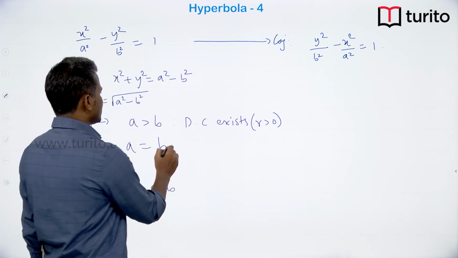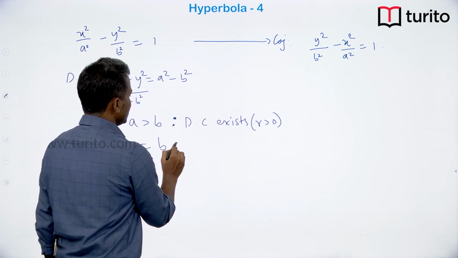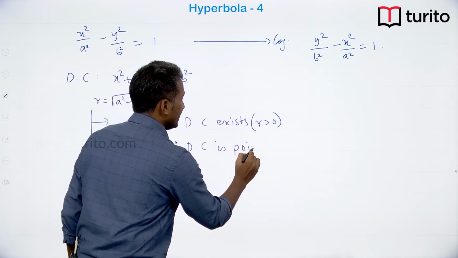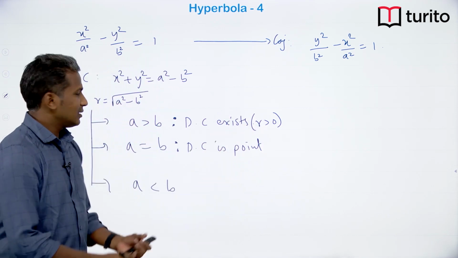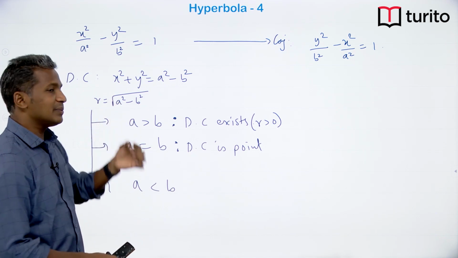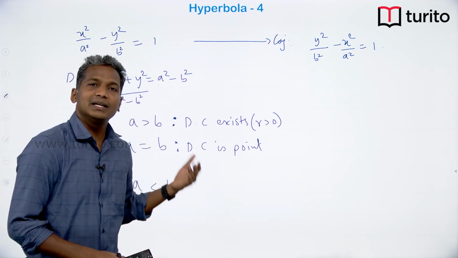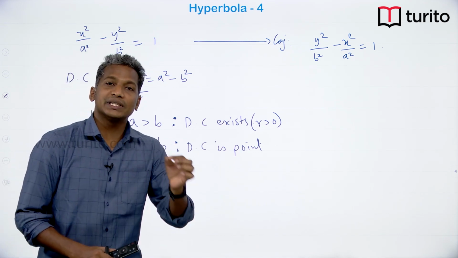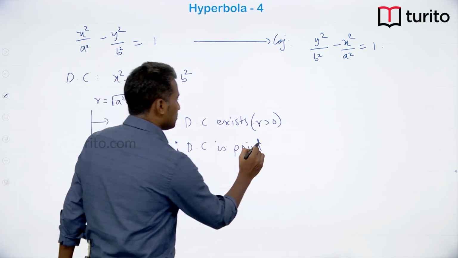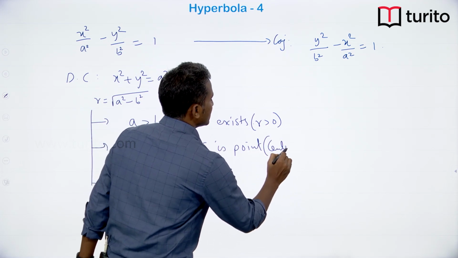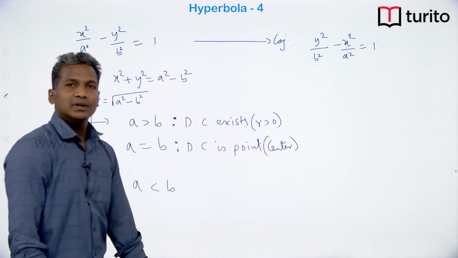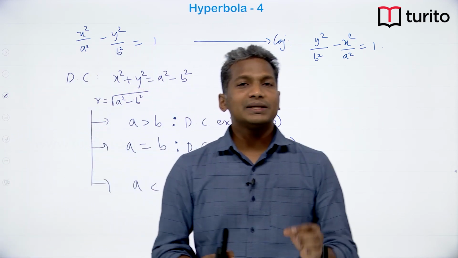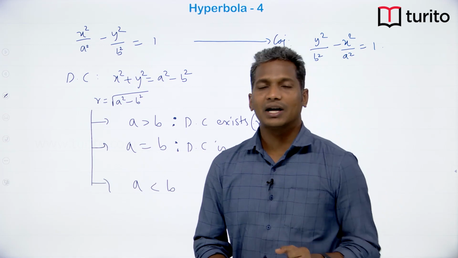And here in this case, the director circle is a point, because when a is equal to b, the radius becomes equal to 0, and then the director circle becomes a point circle, which is the point which is the center only. So this point is nothing but the center of the hyperbola. So what happens when a is equal to b? A equal to b is the special case of the rectangular hyperbola.